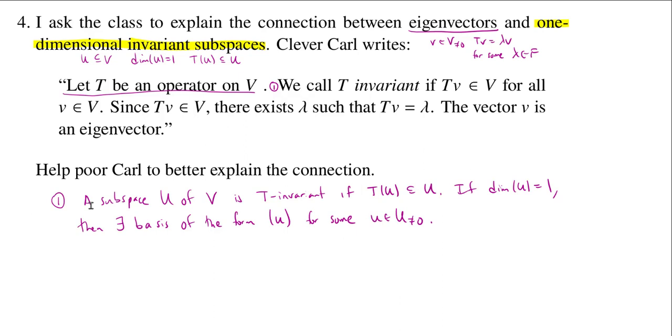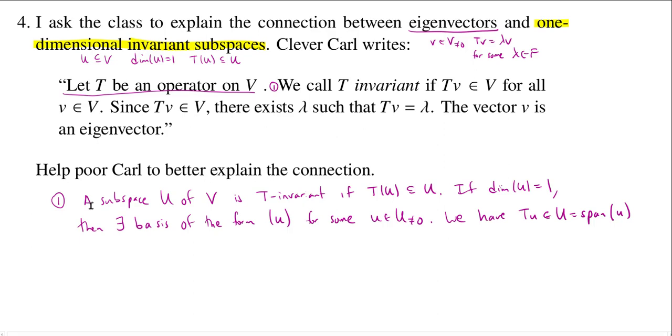So what happens if I apply T to u? We have Tu. We know that T of U, big U, if I apply T to the entire space U, I end up back in U. So in particular, if I apply T to little u, the image is again in U. But U, we just said, is spanned by this one element u.